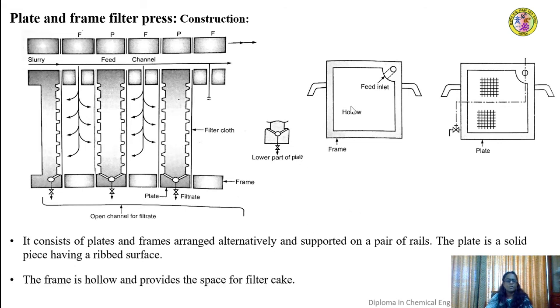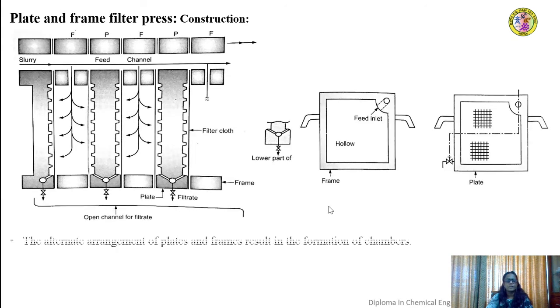So the frame is hollow and that hollow space inside each frame is the space that is meant for introducing the slurry where the filtration exactly takes place. The alternate arrangements of the plates and frames result in the formation of chambers. So as I already told you before, when you arrange each plate and frame alternatively one after the other, then it results in the formation of chambers in between each plate.